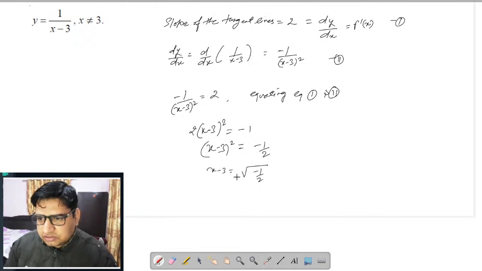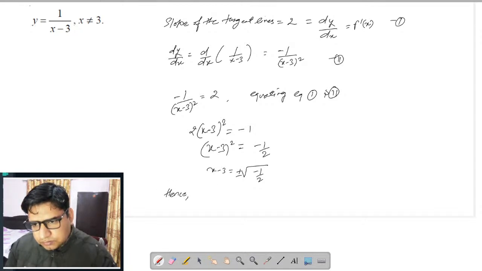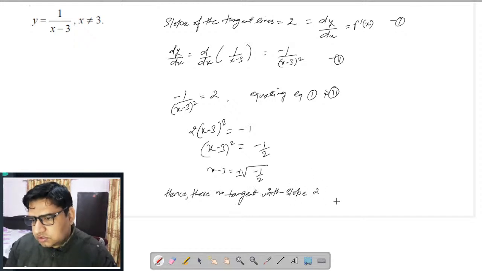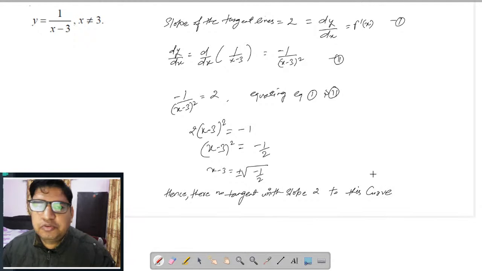Hence there is no tangent with slope 2 to this curve, so we'll simply write that there is no tangent with slope 2 to this curve.